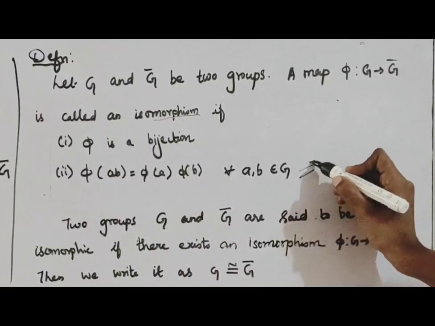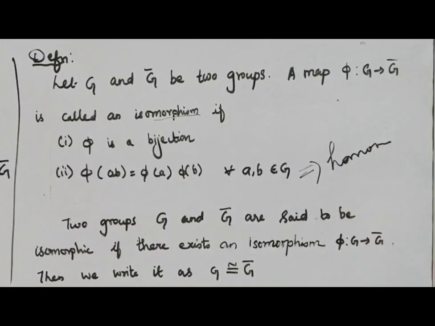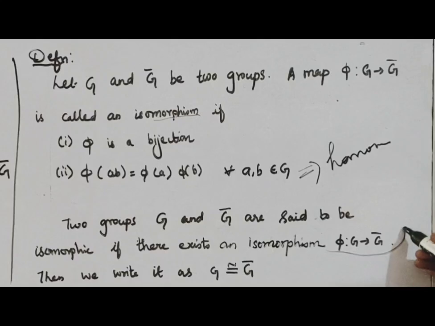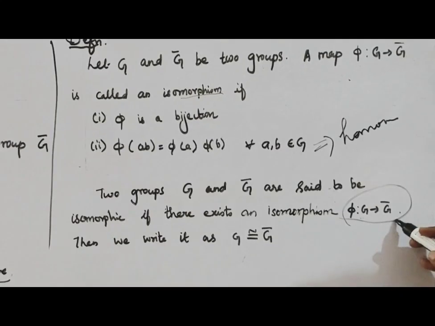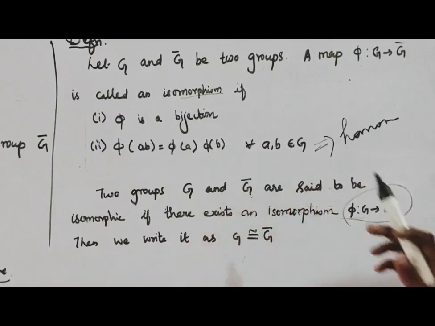Okay. Two groups G and G bar are said to be isomorphic if there exists an isomorphism phi from G to G bar. If there exists an isomorphism between these two groups, we say that the two groups are isomorphic.